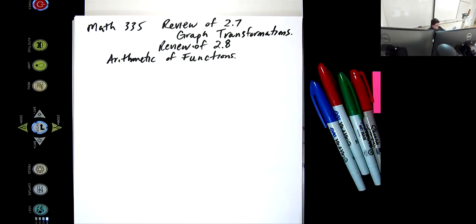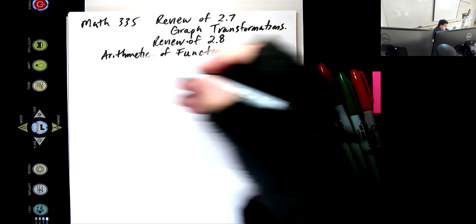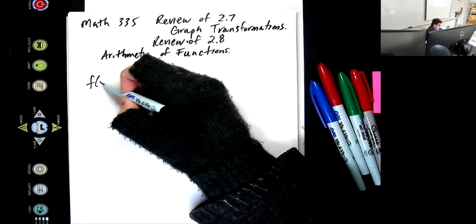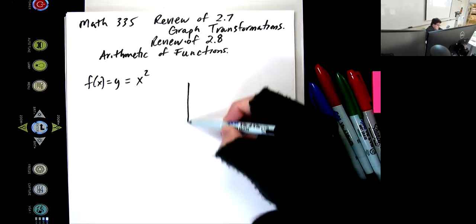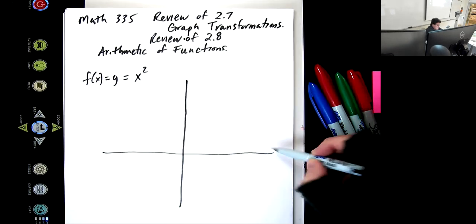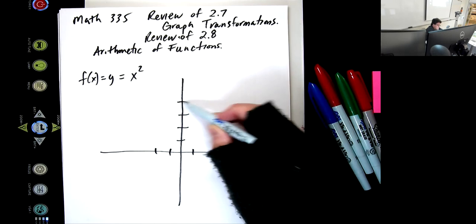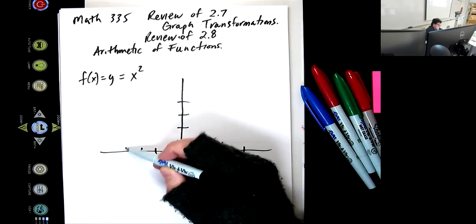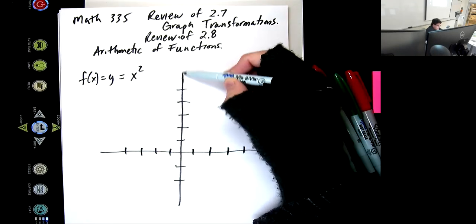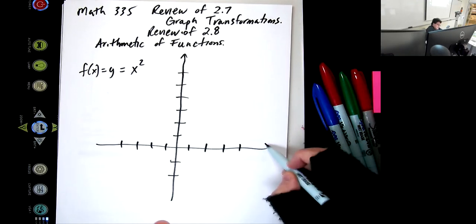So in 2.6, we went over the basic graphs. In 2.7, we were able to see how those graphs moved. So like if we had f of x or y equals x squared, this is x and this is y.